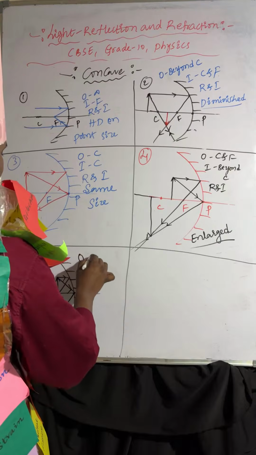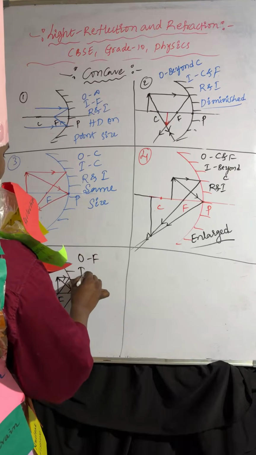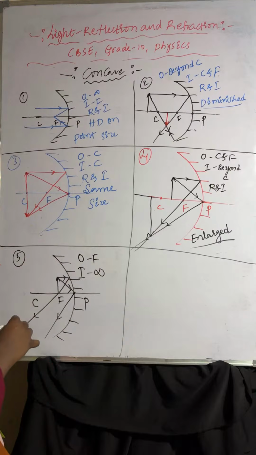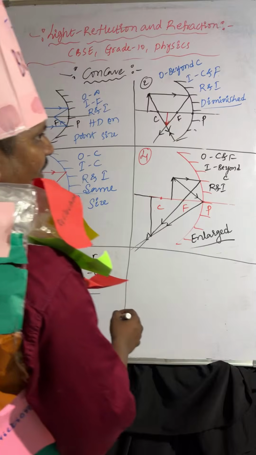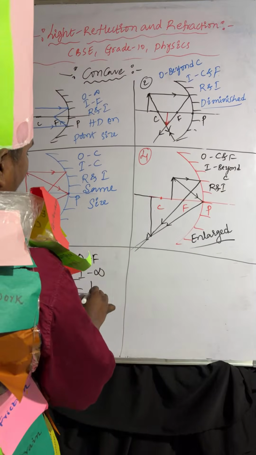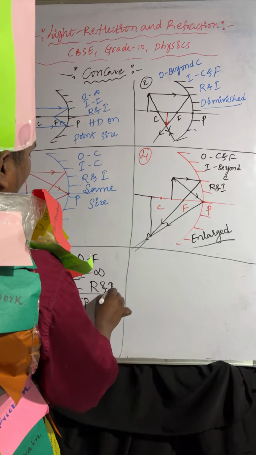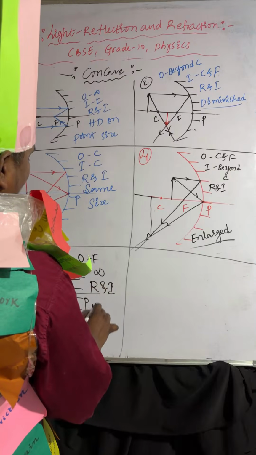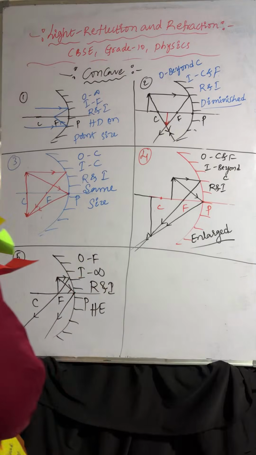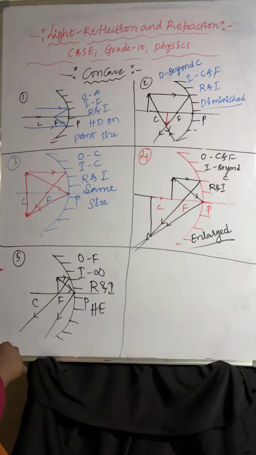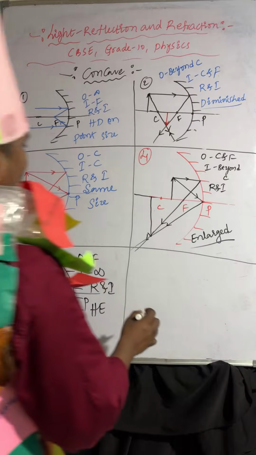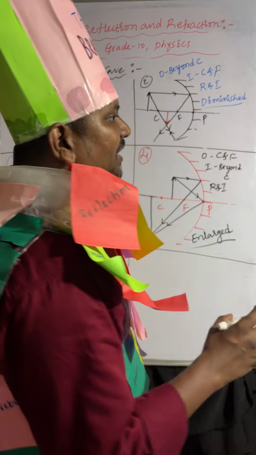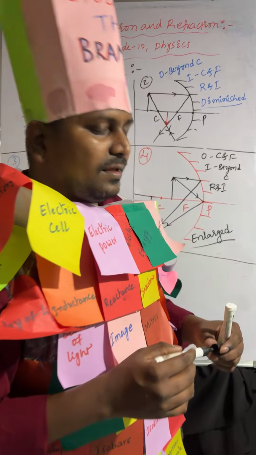Now object is placed at F, image is formed at infinity. Nature of the image is real and inverted, and size of the image is highly enlarged. I hope it is very clear, right? So last one, the sixth one, is very, very important.